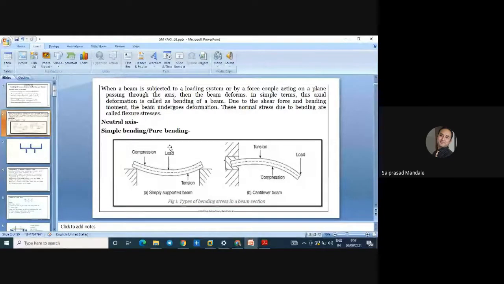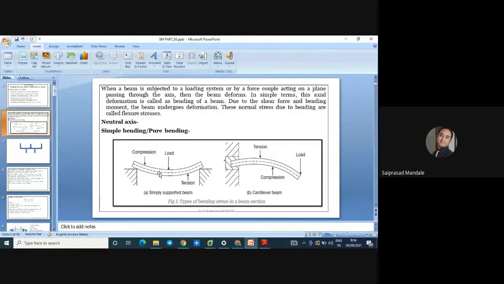The intensity of compression is reduced from the top layer to the neutral axis, whereas the neutral axis is the axis where there is no tension and no compression. I'm repeating, try to understand the terms.